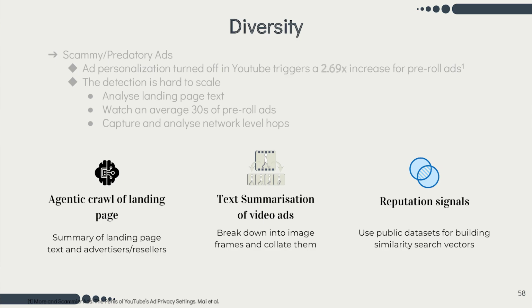The other summarization is by breaking down video ads into different image frames, and then creating a summary vector of what all information is present over there. And the final task is to build a reputation signal.